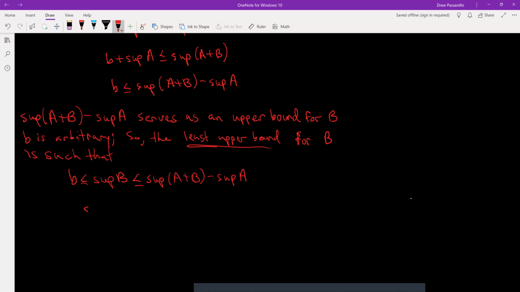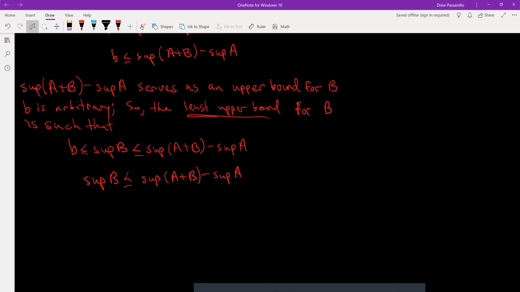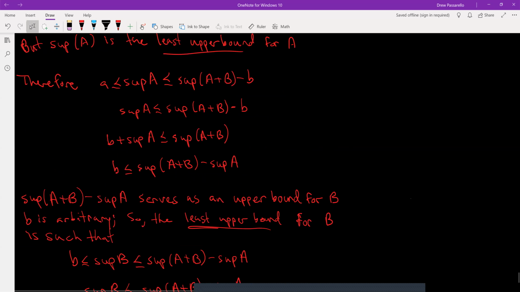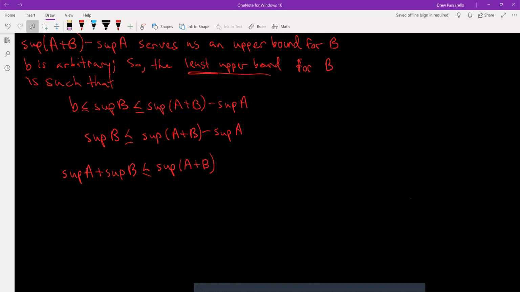I'll just go ahead and write it as sup of B less than or equal to sup of A plus B minus sup of A. If we add sup of A to both sides, that's going to give us sup of A plus sup of B is less than or equal to the sup of A plus B. All right, and again, A was arbitrary, B is arbitrary, so our A plus B element is also arbitrary. So that ends case 2.